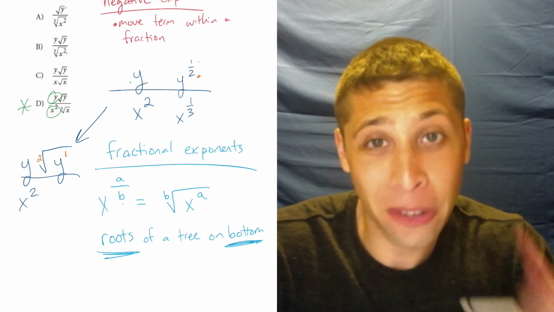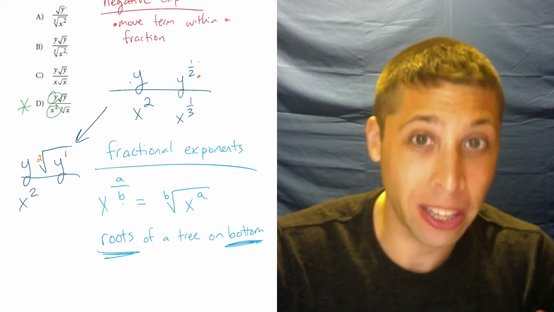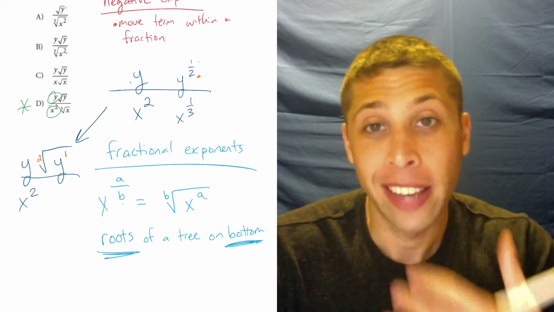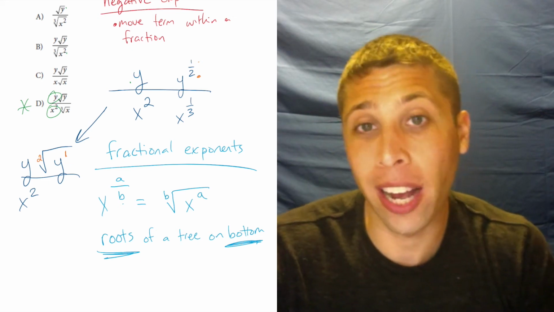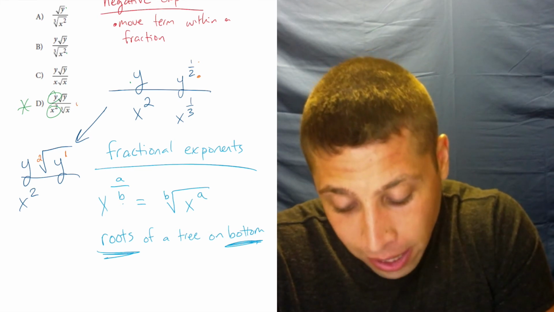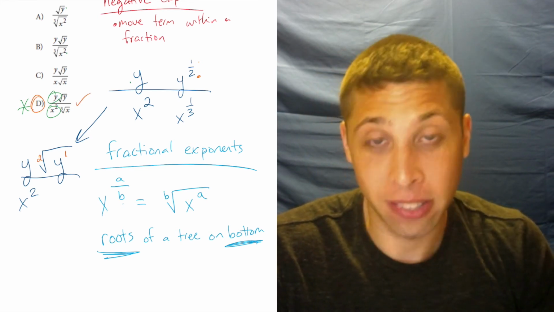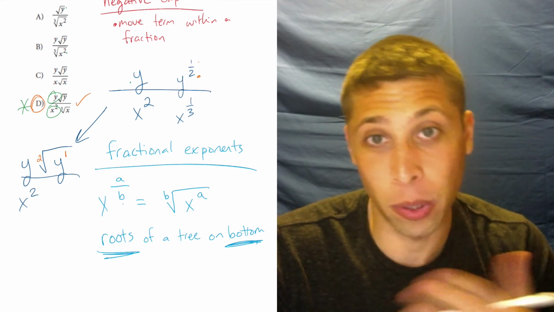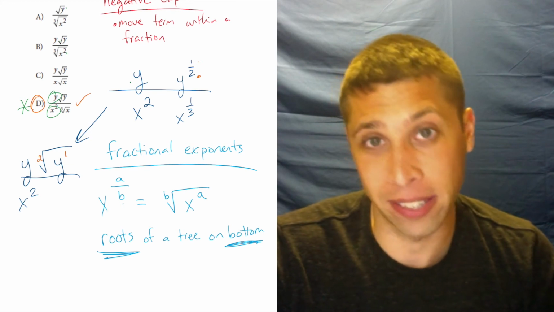But in both those cases, the convention is that we just don't write those numbers, right? We don't write x to the first, y to the first. We just write x, we just write y. We ignore the 1. So that's why, even though choice D is right, it doesn't quite look like that, because the 2 gets hidden because we don't write the 2 when we have the regular old square root, and the 1 gets hidden because we don't write 1 as an exponent.